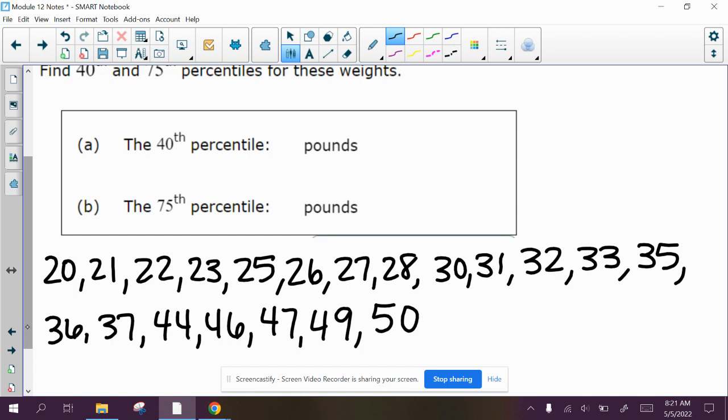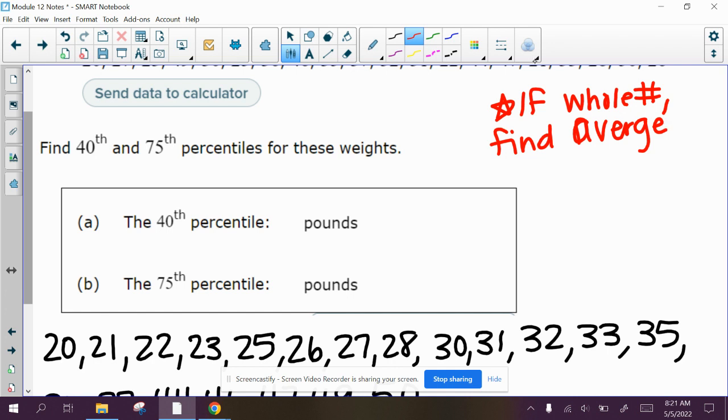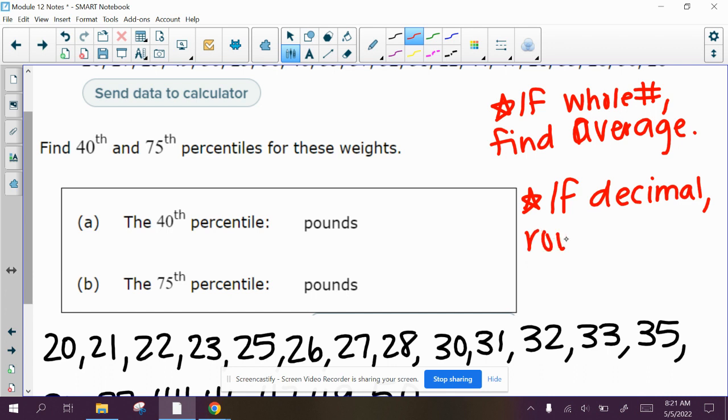So one thing before we get started with percentiles is a little note that you need to know: if you get a whole number, find the average of those two. And if you get a decimal, round up.